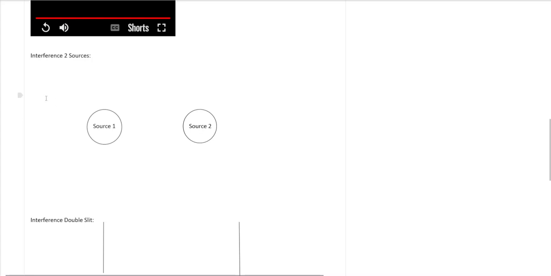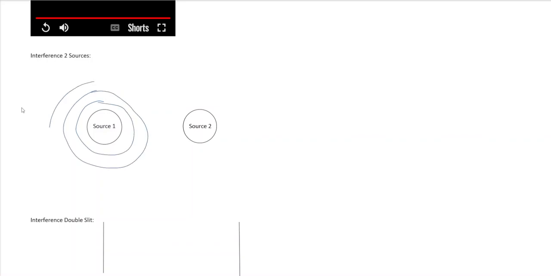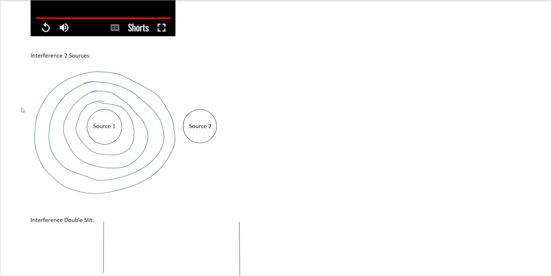So we're going to take a look now at a situation where there's two sources and what that looks like for your interference pattern. So it'll make a really cool pattern, and I'm going to try my best to replicate that with my drawing here, which is not going to be perfect, but I think you're going to still see the rough idea of what that looks like.